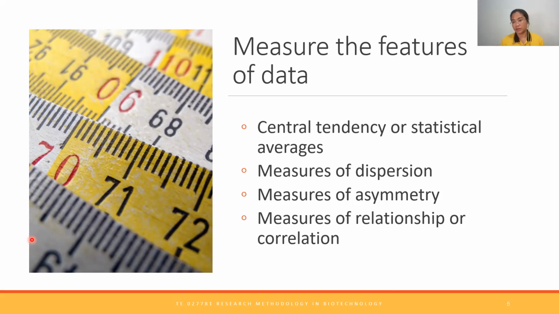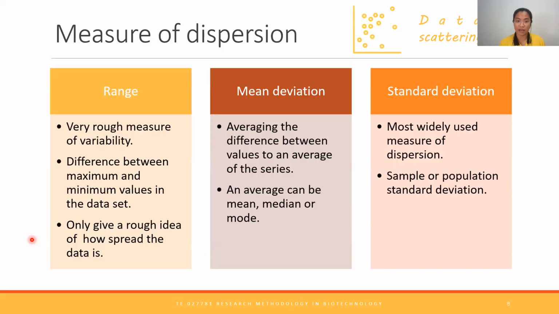We can also tell how dispersed the data is. We can tell how asymmetric the data is, and in the last lecture we talked about how we explain the relationship or the correlation of the data sets.